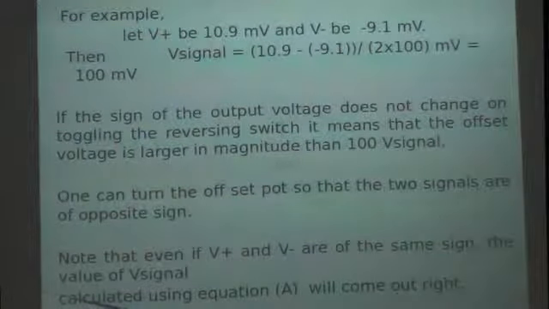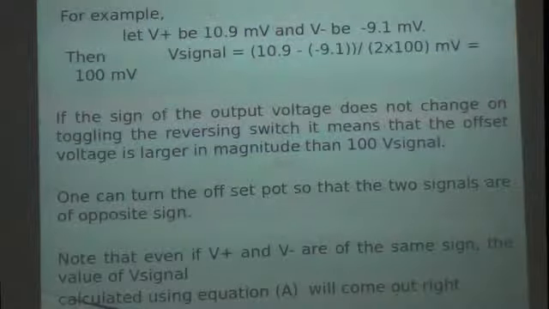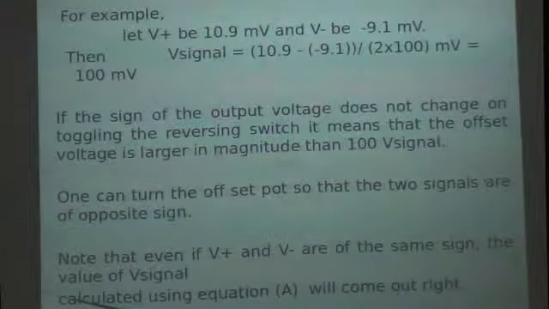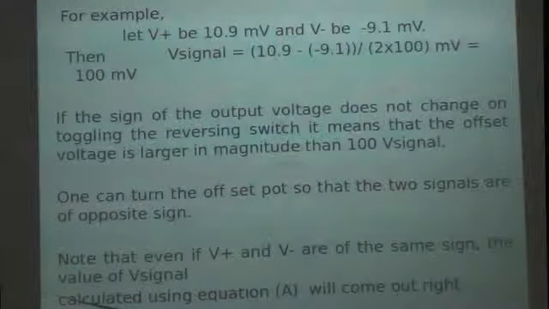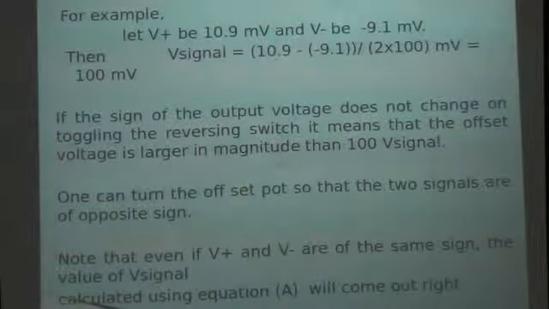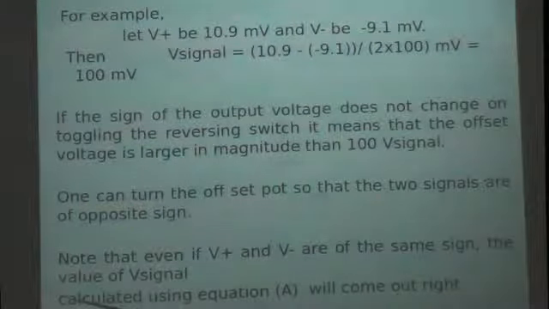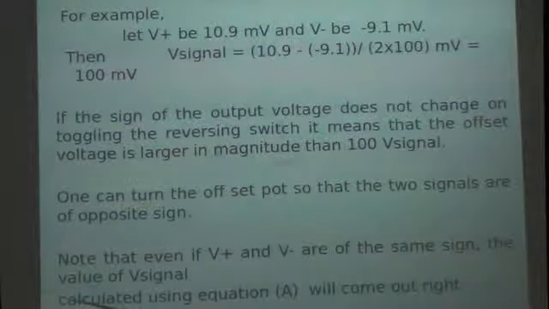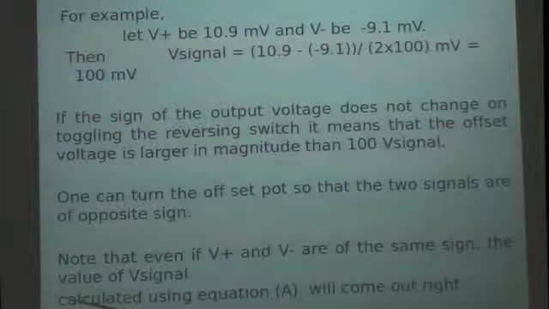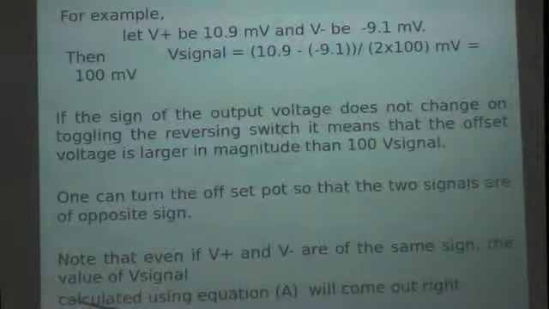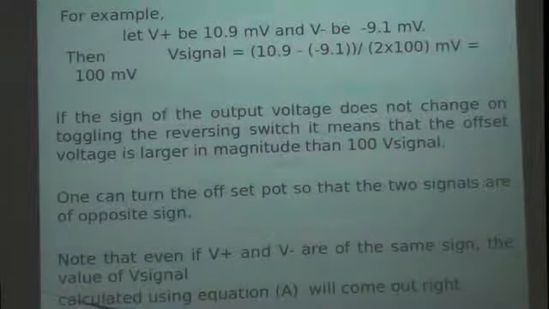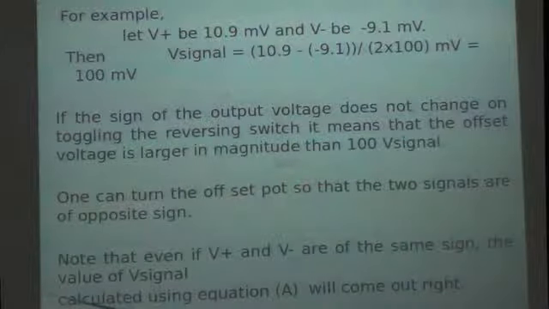Suppose B positive comes out to be 10.9 millivolts. We reverse the switch, B minus comes out to be minus 9.1 millivolts. So our signal is 100 millivolts. We divide it by 2 into 100, so it is 100 millivolts. If the output signal does not change on toggling the reverse switch, it means that the offset voltage is larger in magnitude than 100 times B signal.